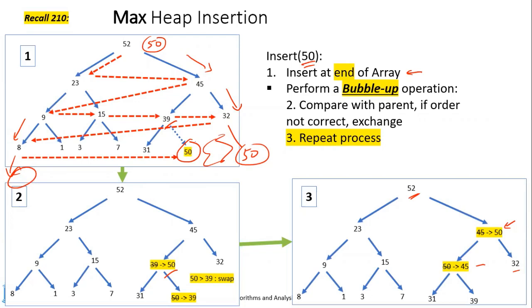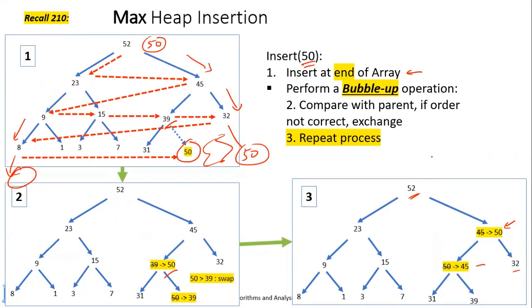So there are several reasons why the insertion that we saw earlier was important: it was maintaining the properties of the heap, as well as ensuring that it's a complete tree.